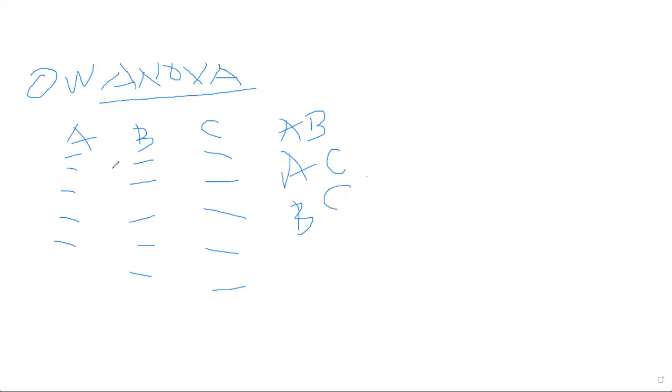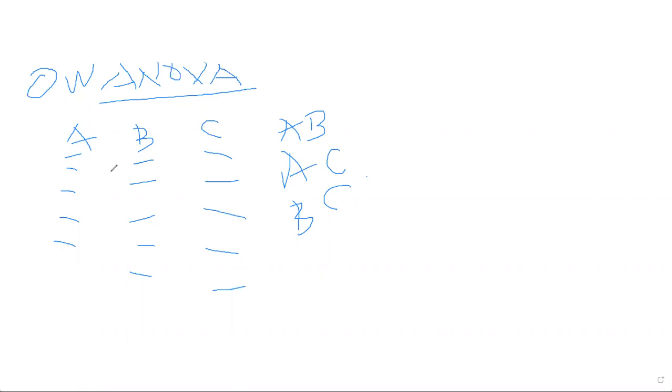We have BC already, we have AC, AB. There are 3 pairs, right? AB, we already have. BC, we already have. AC, we already have. So no more. So we have 3 pairs for the analysis of variance test.